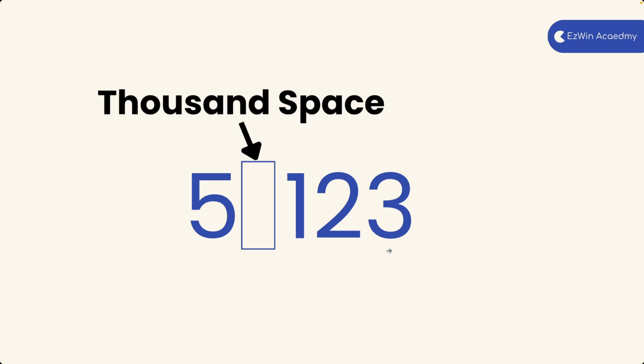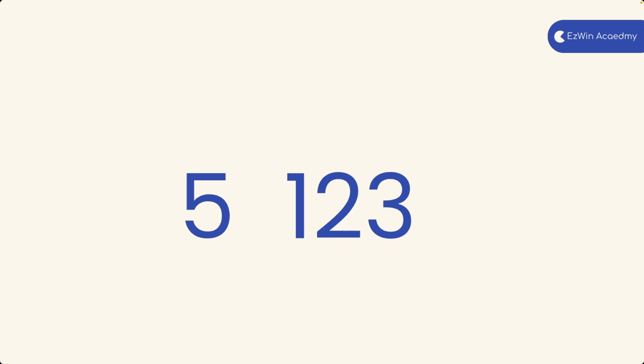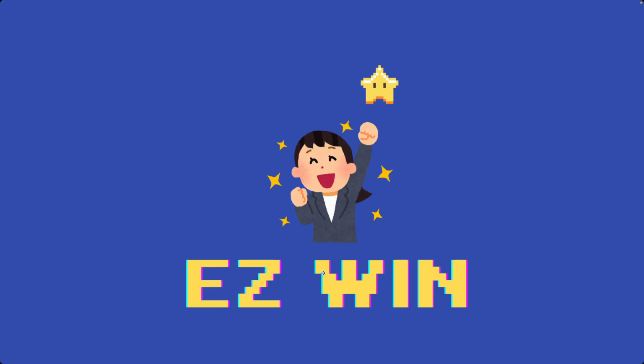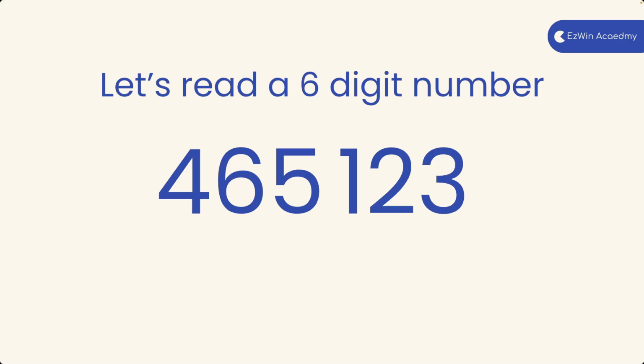This space is what we call the thousand space. And then after that, we put in the number 5 over here. So with the thousand space in the middle, we say 5, then thousand, and lastly 123. So when we say this whole number, we will say 5,123.